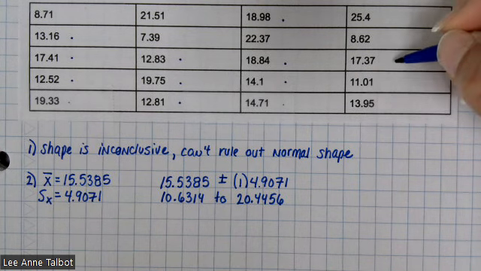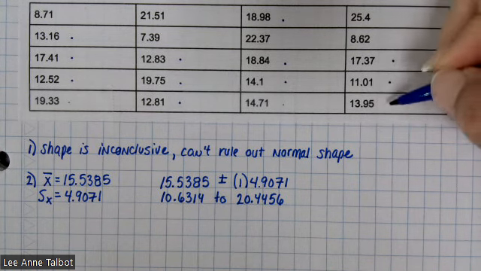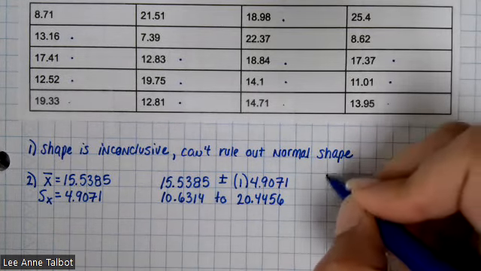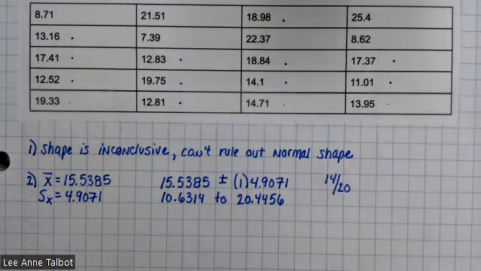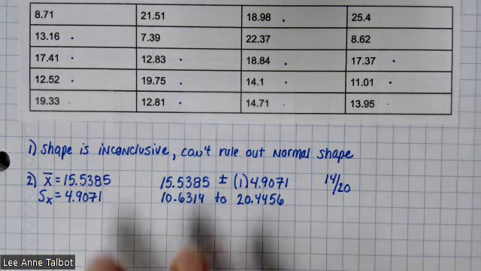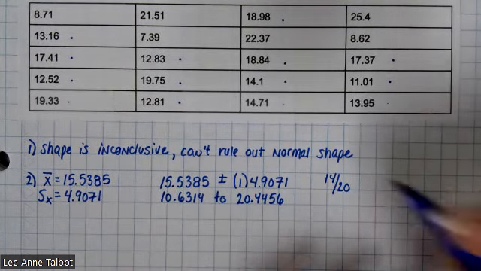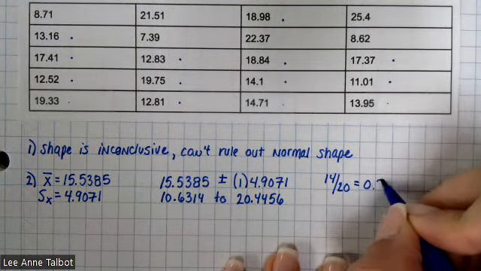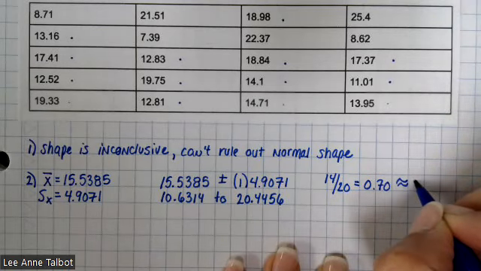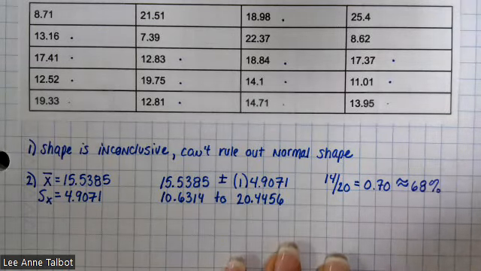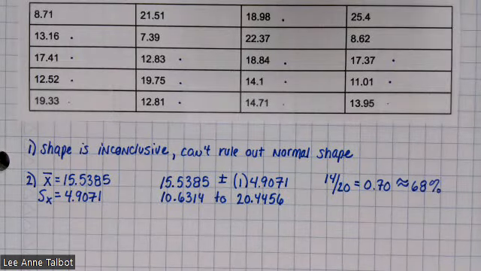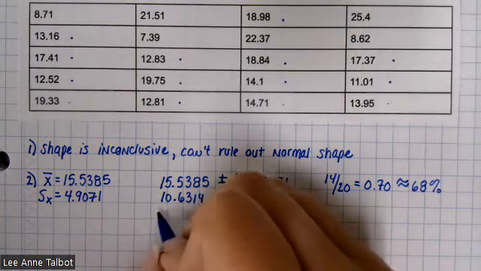Nope. 12, 13, 14. So 14 out of my 20 numbers are in between this range, which is pretty close to 68%. This is kind of indicating that we might be normal. Can you tell what I'm going to do next?